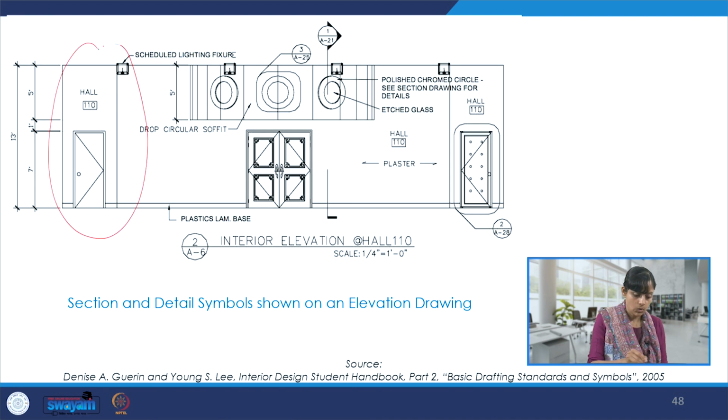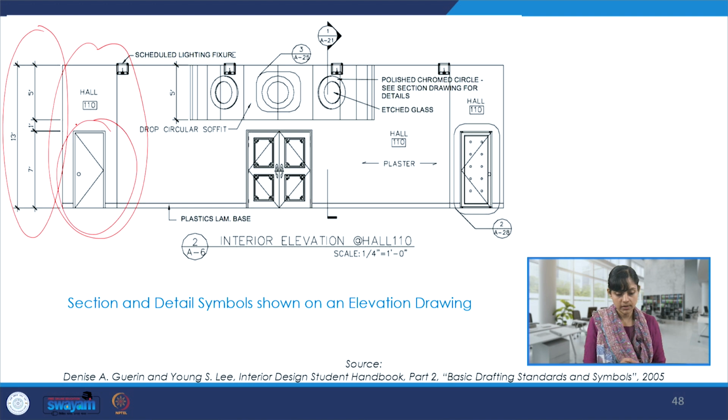So this is the hall, what is the major dimensioning like, the door opening, then there are lighting fixtures installed and they are mentioned over there. Then there is an etched glass detail over here. If you can see this detail, there is a drop from the ceiling and there is a design element over there. It could be a chandelier, a false ceiling, or any other element that you may have designed.